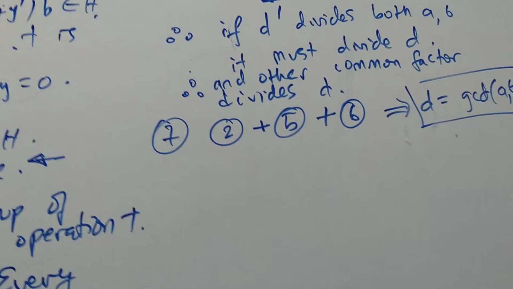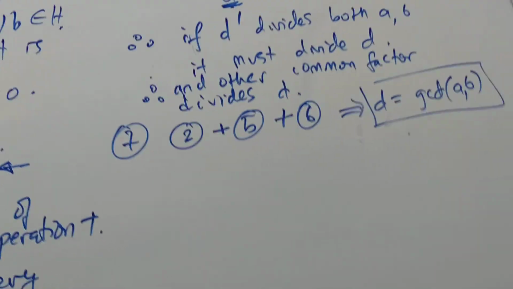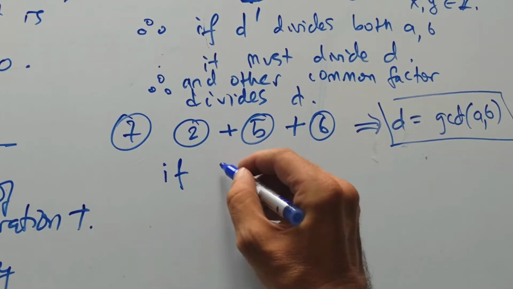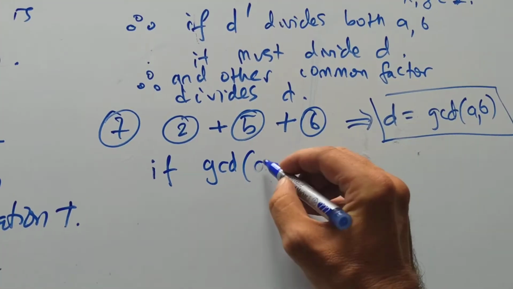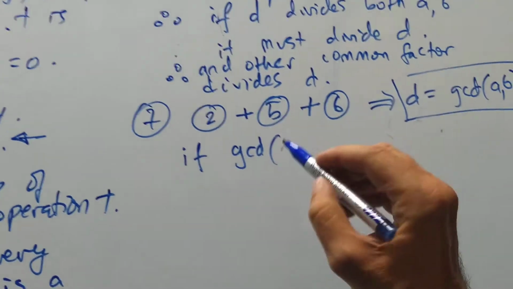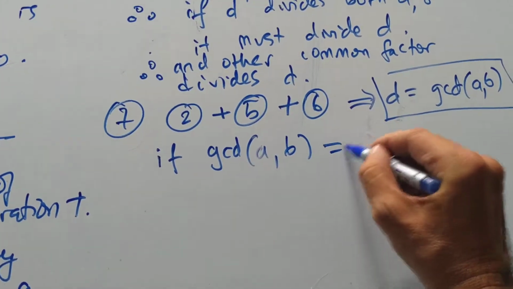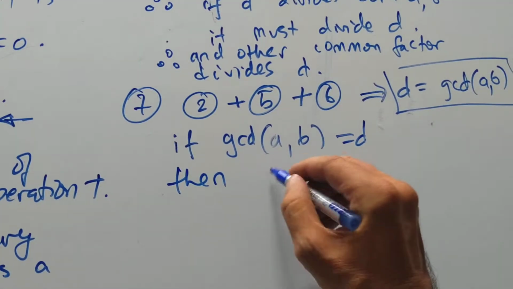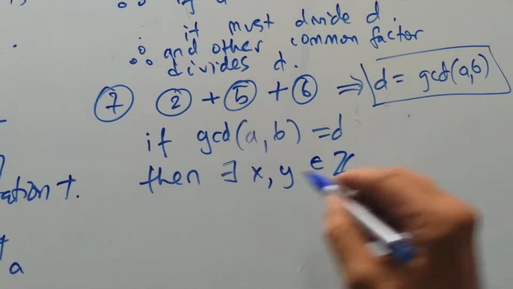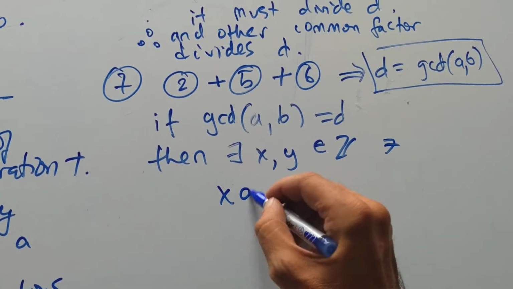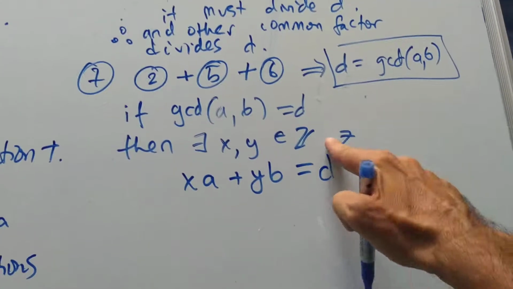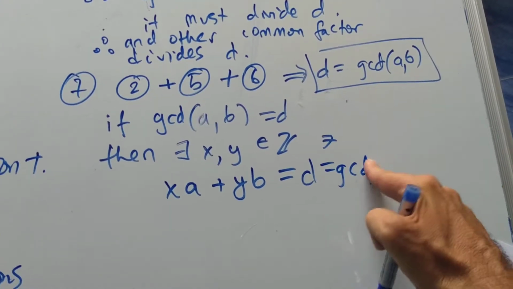And so we can now state the theorem. If the GCD of A and B is D, then there exist two numbers, x, y, that are integers, such that xA plus yB is D, the GCD of A and B.